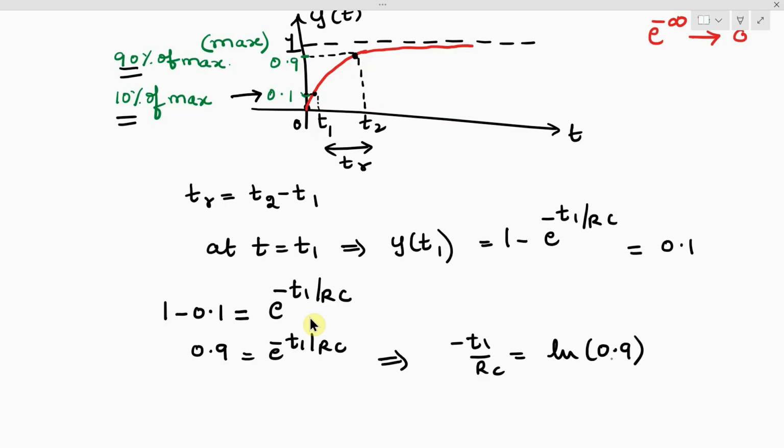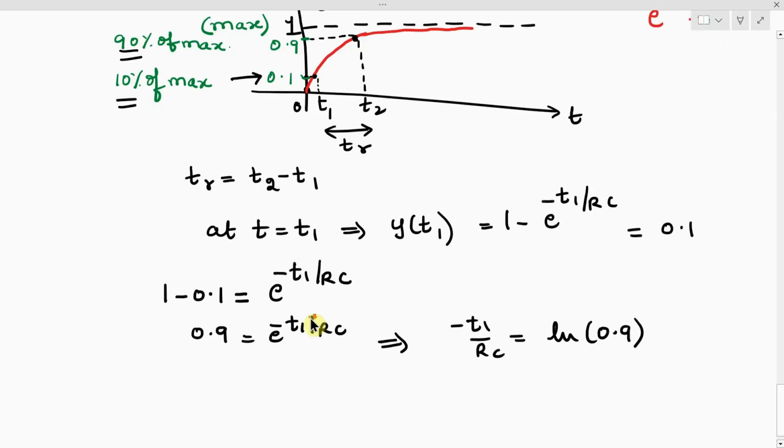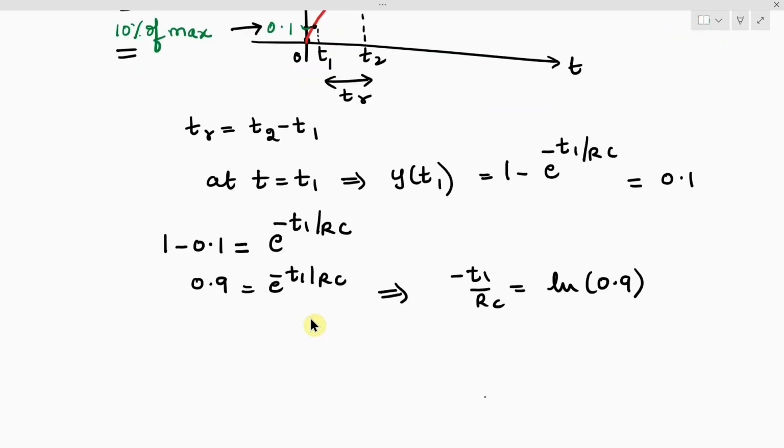Can anyone please calculate the value of natural logarithm of 0.9 in your calculator? I also have, but please do from your side also. Minus 0.0457.